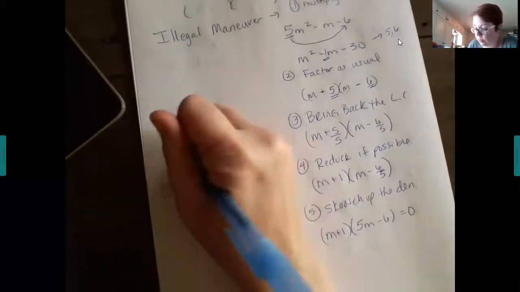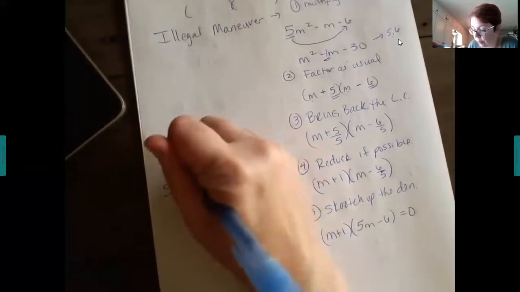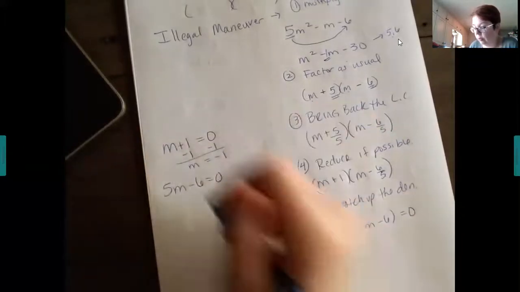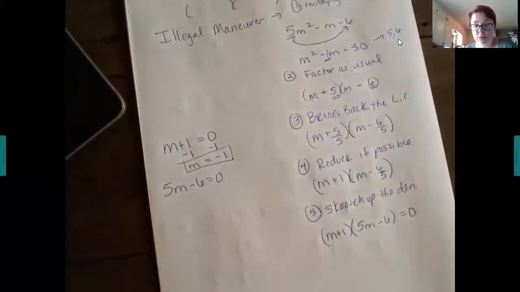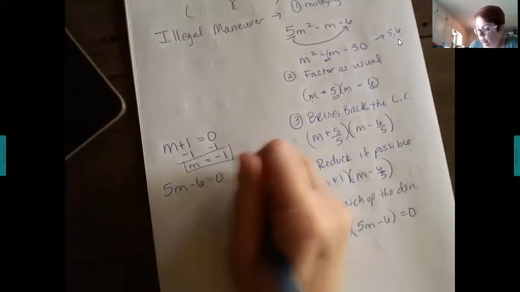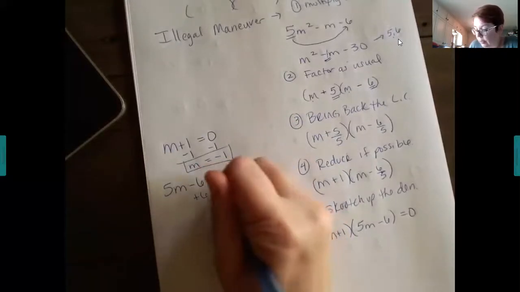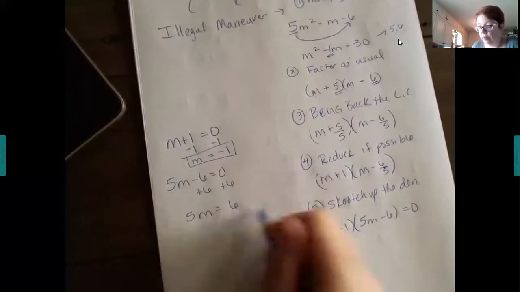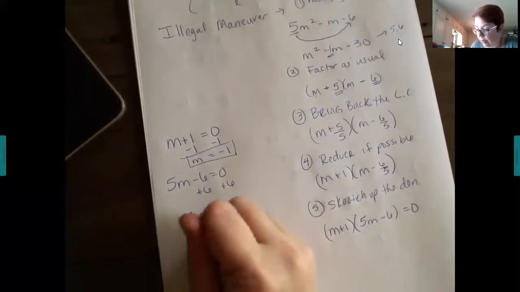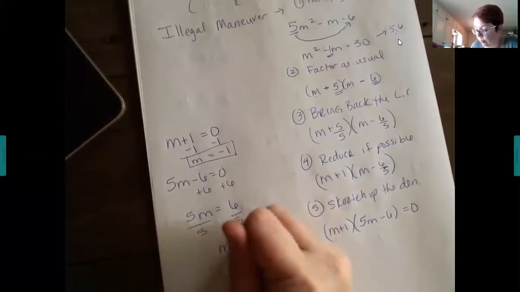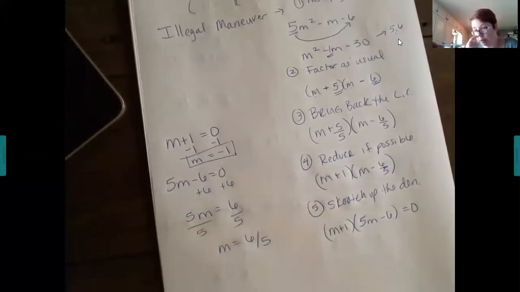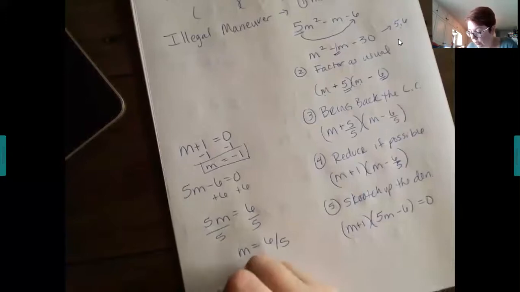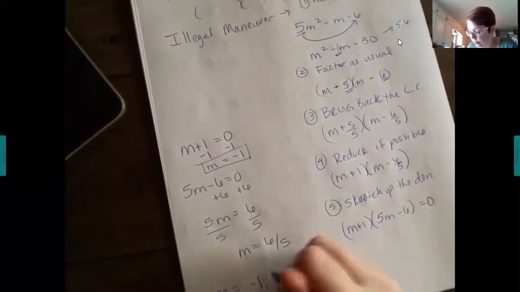So to solve for this one, we subtract 1, we get m equals -1. So that's one of our answers. Here, we're going to have to add 6. And now we divide both sides by 5. And fractions happen, so it is okay.